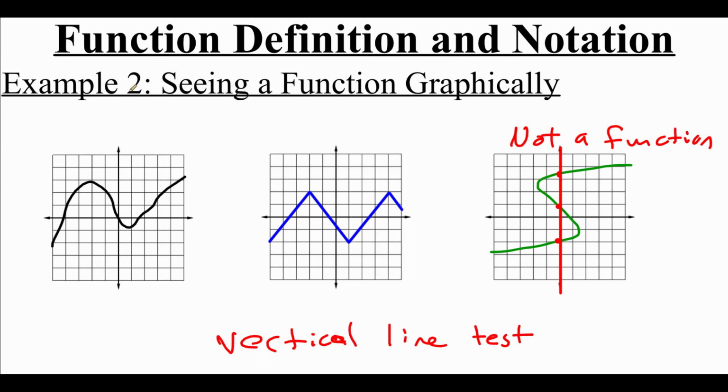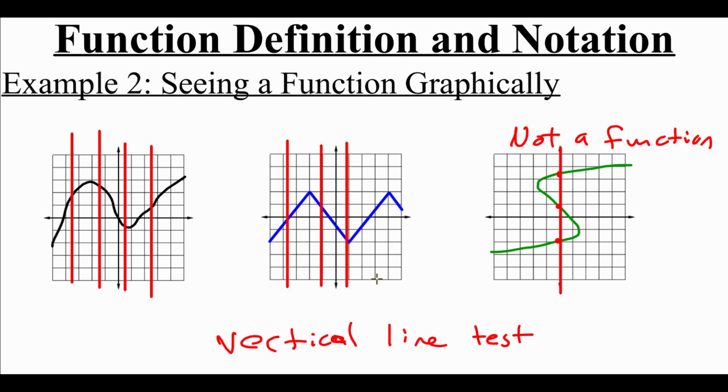So if we look at these other 2 pictures, no matter what vertical line I draw in, it's always hitting my graph at just 1 point. So these ones pass the vertical line test, whereas that graph on the right hand side fails the vertical line test because it's hitting the graph at more than 1 point.